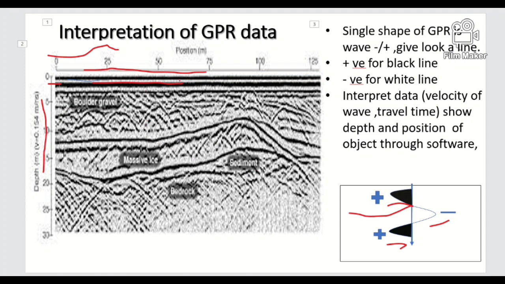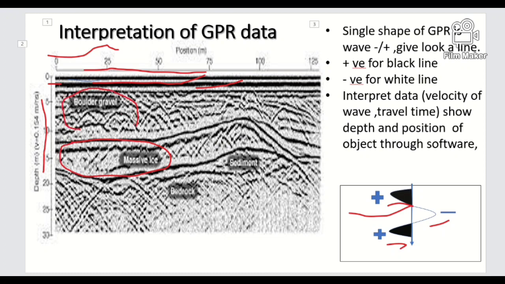And we know the different dielectric permittivity has different reflection strength. So here this is a different material, like massive ice, or this is a different material, boulder gravel.